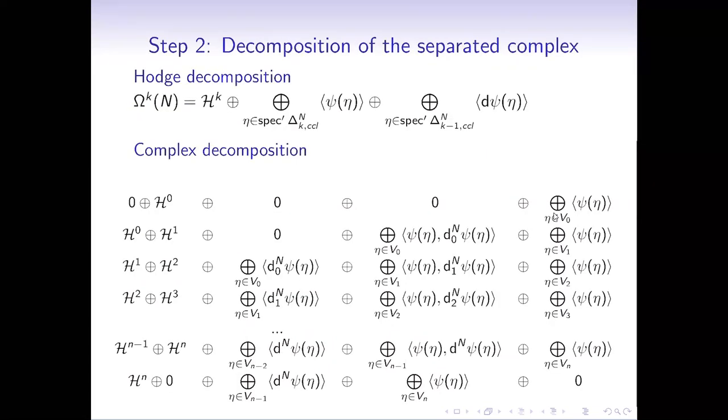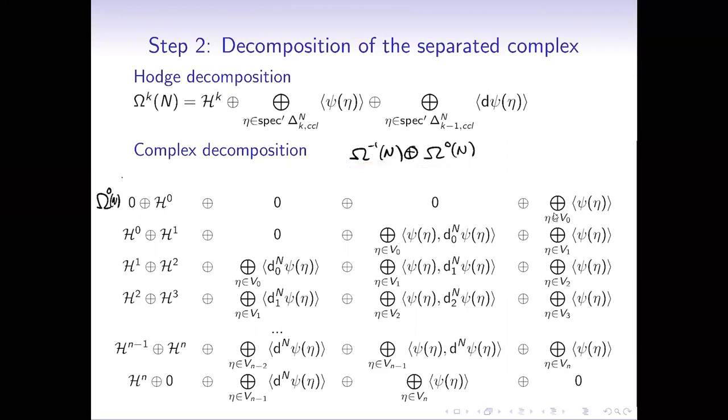Right. So this is a very full slide. And I just want to show you what this decomposition looks like in full. So this here, each line, for example, would be omega 0 of n. So we first write omega 0 of n as omega minus 1 of n, which is 0, plus omega 0 of n, which is not 0. And then we use Hodge decomposition on both of these factors.